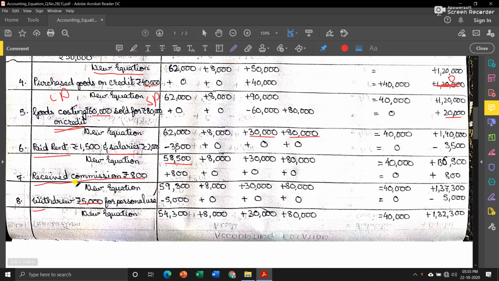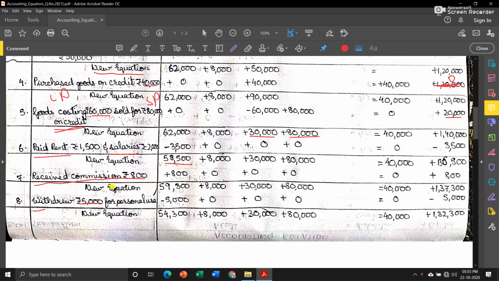In the same manner, when he received commission, in return he didn't give any asset, so what we did is that we added this 800 to capital as well. Okay, so this is the difference between profit and any other expenditure or loss.